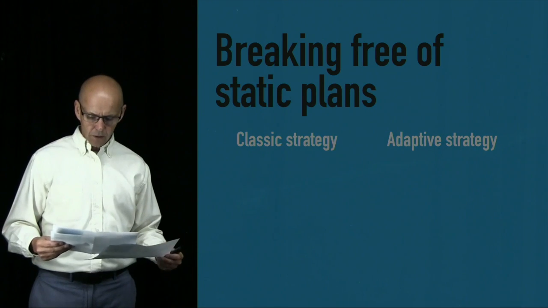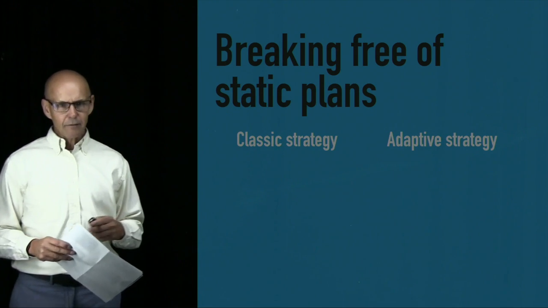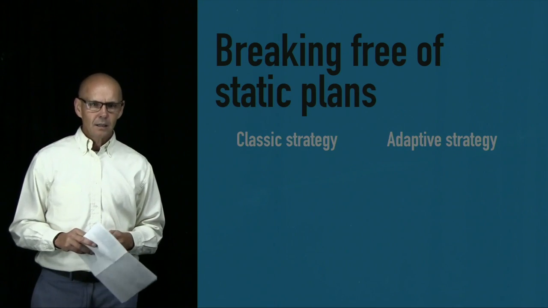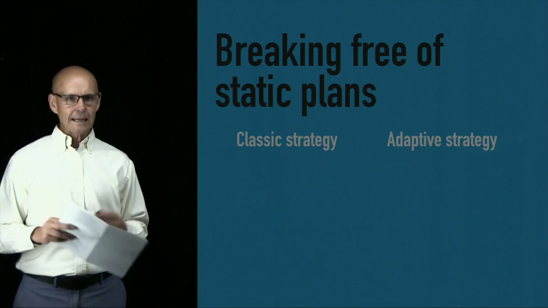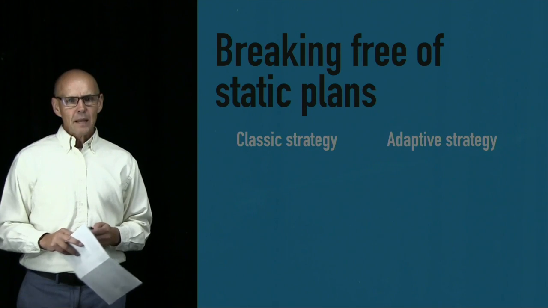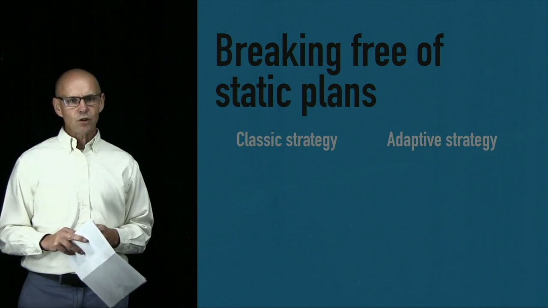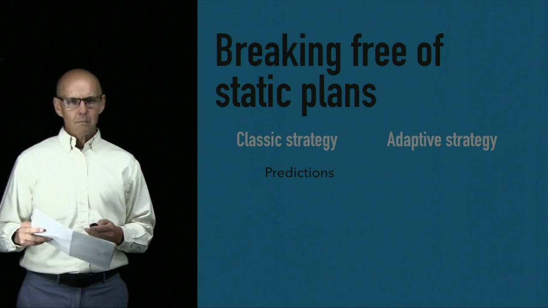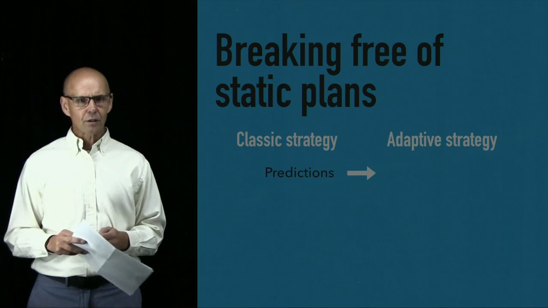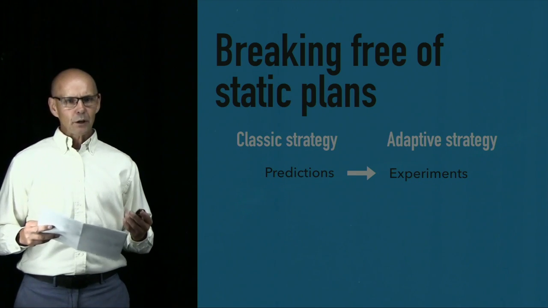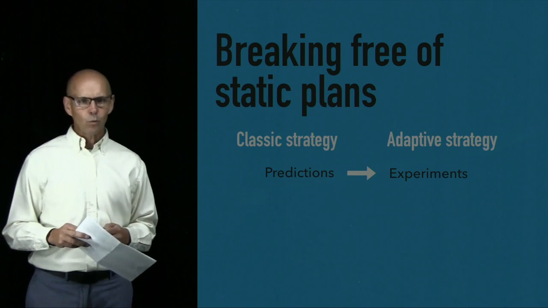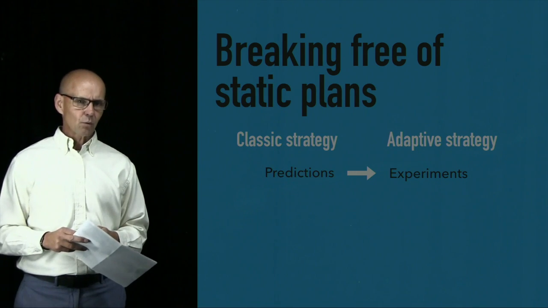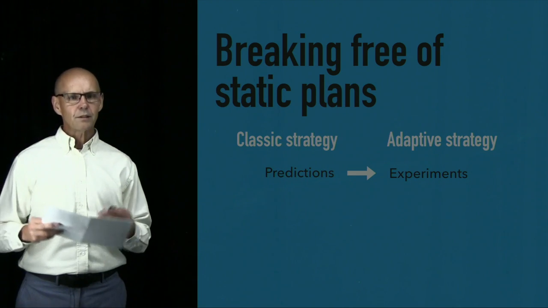So what the article talks about is this idea of breaking free of the concept of building strategic plans that are expected to last 5 years, 8 years, 10 years, those types of things. And moving from what they termed classic strategy to adaptive strategy. That means moving from making predictions and then acting upon those predictions to being willing to experiment, ongoing experimentation, seeing what works, prototyping and testing, going back, having constant interaction with the people that you serve to see what works.